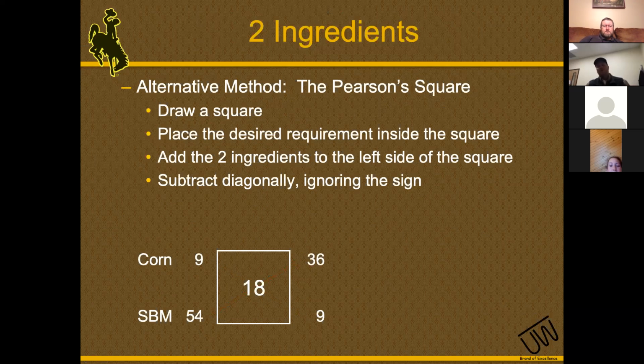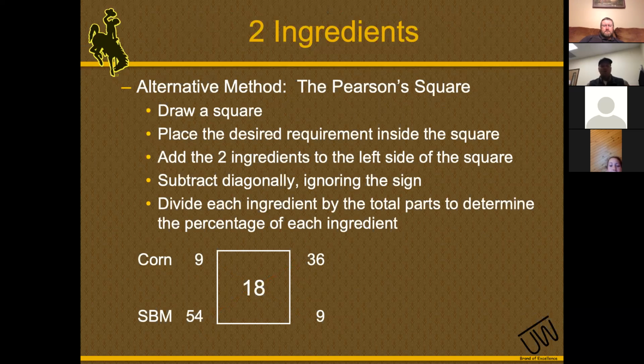Now what I want to do is total up 36 plus 9. That's going to give me 45. So there's 45 protein units, right? Now if I divide 36, the amount of corn, by 45, I'm going to get a percentage, and that's why I multiply it times 100. So it'd be 80% corn.